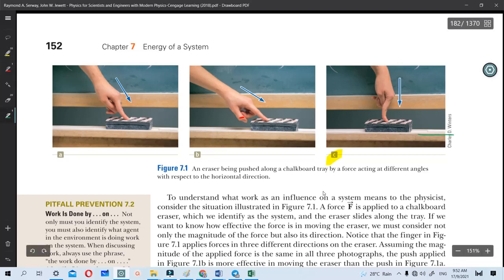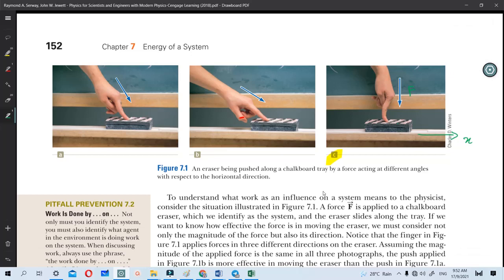Now this is where, supposedly, displacement should occur in the direction of the surface, either to the left or to the right. But by pushing it, this is the force applied onto the eraser.